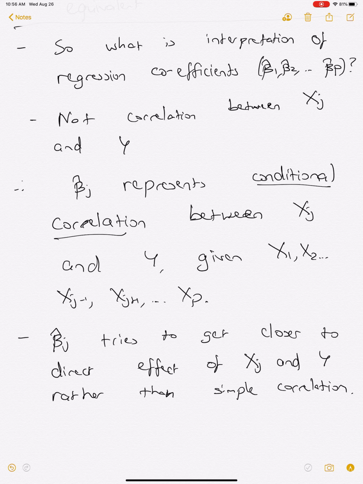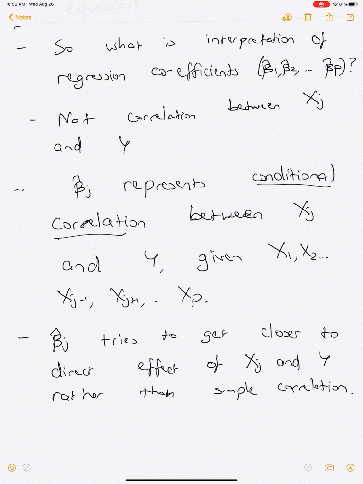So beta hat j, the regression coefficient, is really trying to get closer to a direct effect between xj and y, rather than just a simple correlation, which really just says whether there is some association. It doesn't get to the question of, if you change xj, is that going to change y?